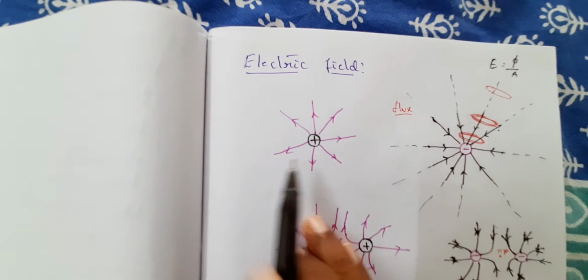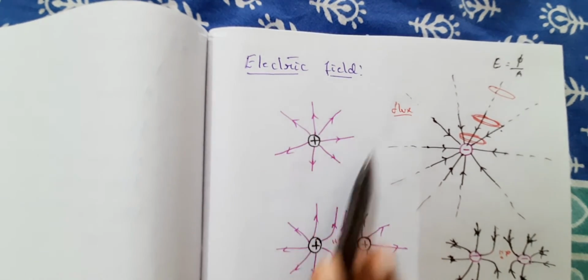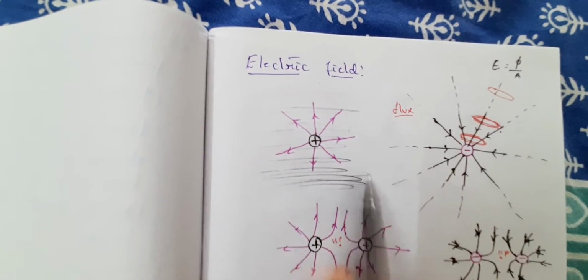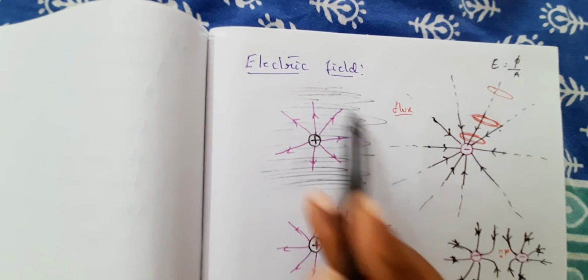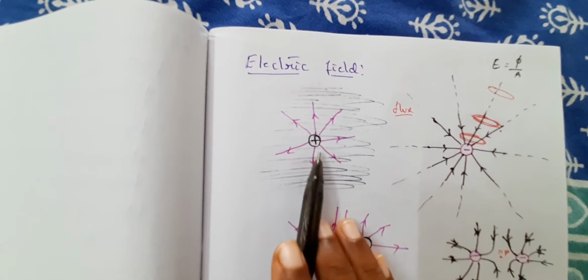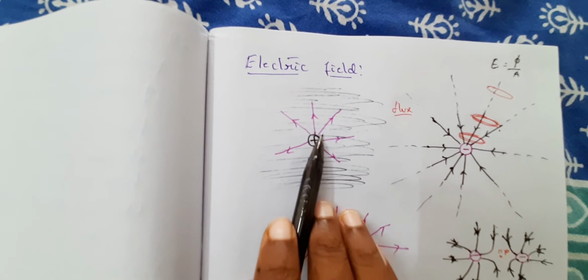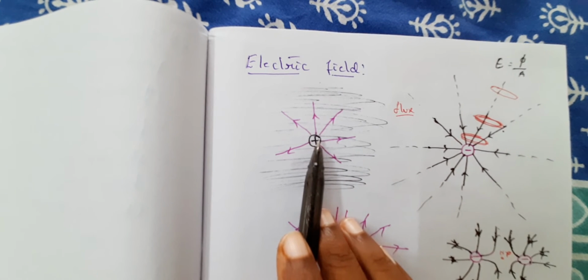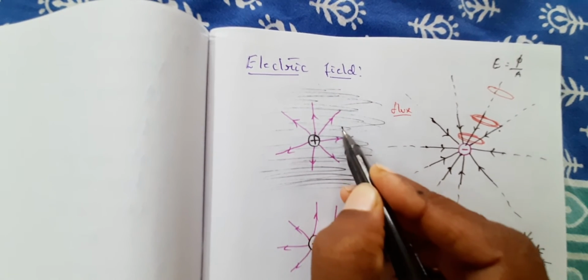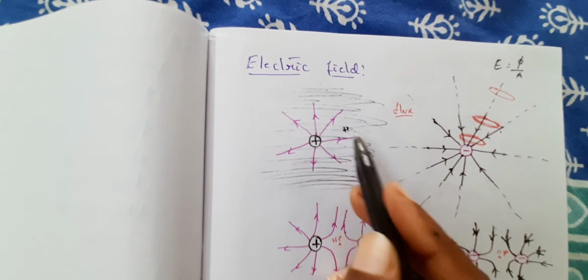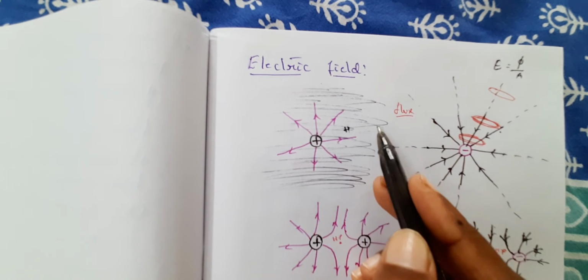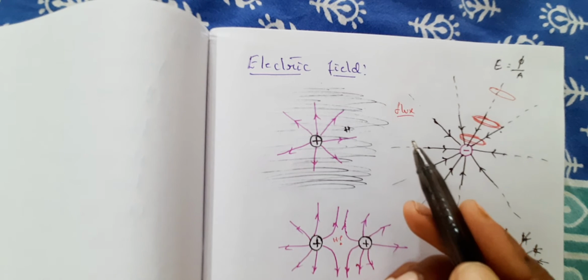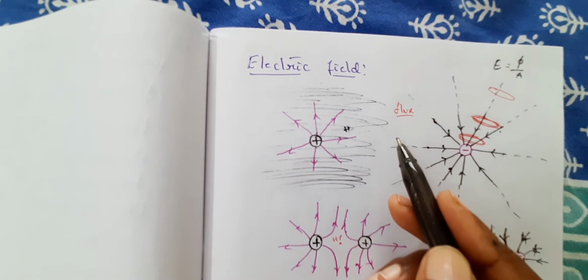Suppose we have a positive charge, and around it there is an electric field created. How to understand the behavior of the field can be understood by the field lines. If I leave a free unit positive charge here, the direction or path along which it moves is the graphical representation, that is the line of force.